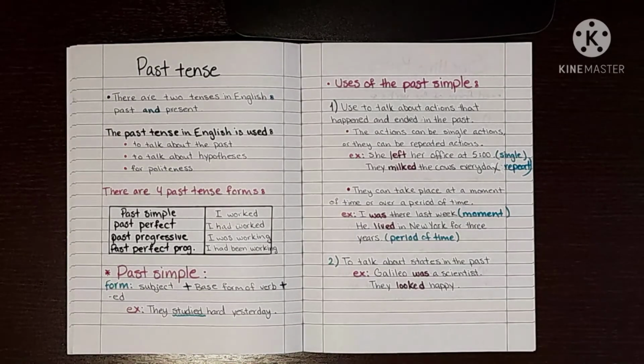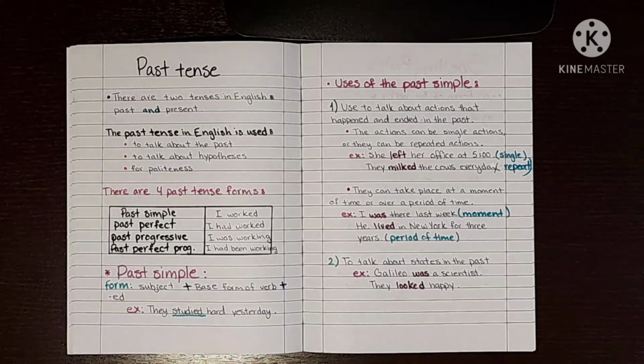Let's go straight to the uses. As we said before, the past simple is used to talk about an action that happened in the past and ended in the past. These actions could be single actions, or they could be repeated actions. It could happen every day, or it could happen once a century.